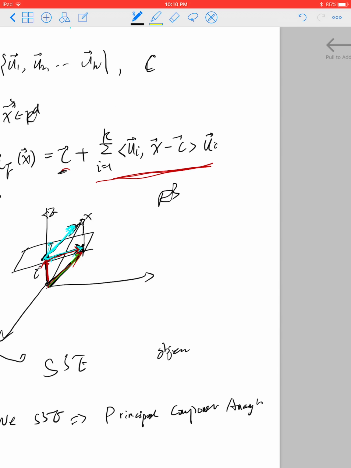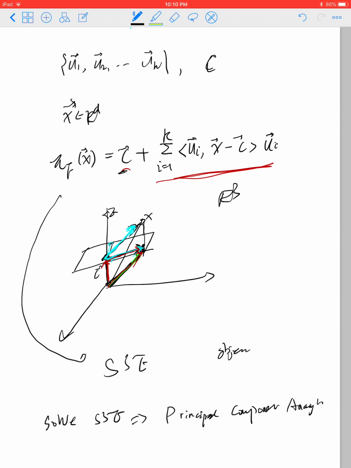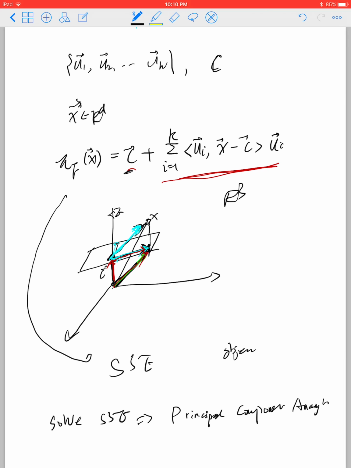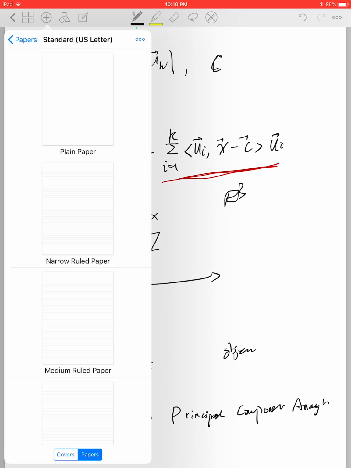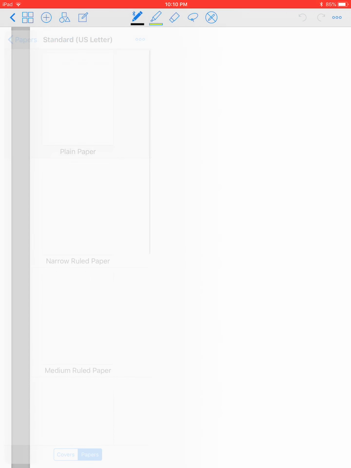Let us denote it by T, which is just 1 over n times the summation of each row, right? And then you just subtract this average row vector from each row.